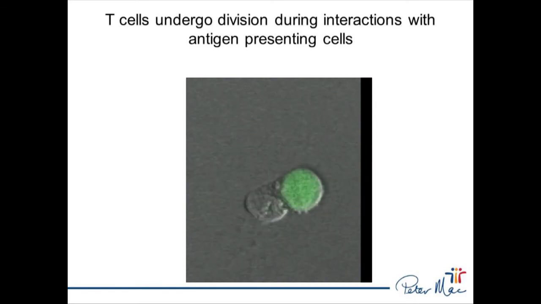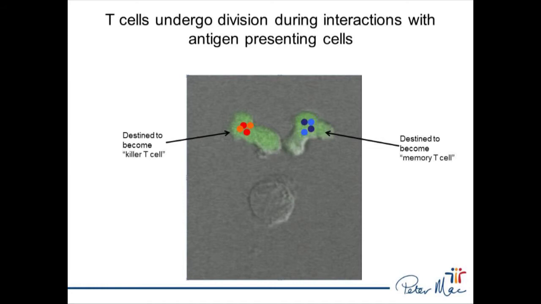Having observed this, we speculated that this division might represent an asymmetric cell division. And this is something that occurs during development but had never been shown in immune cells before. So what asymmetric cell division refers to is the unequal distribution of proteins into the daughter cell, and these proteins instruct that cell on what type of cell it should become.